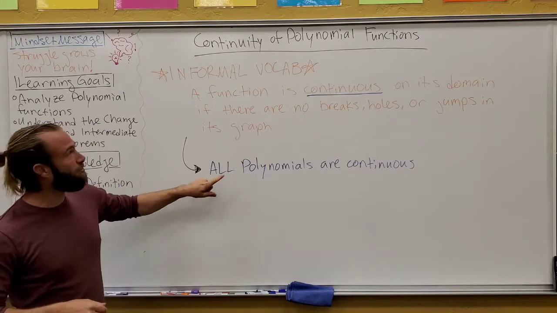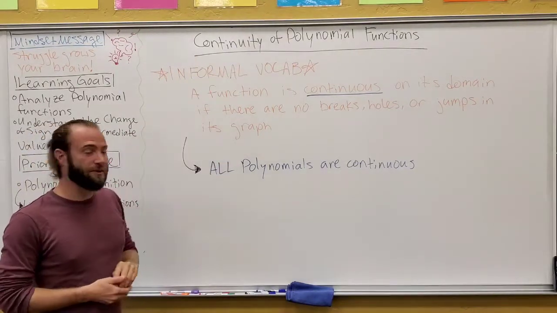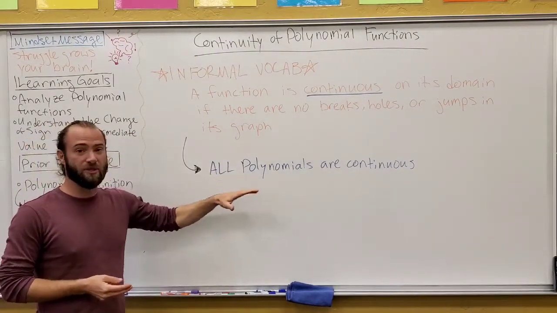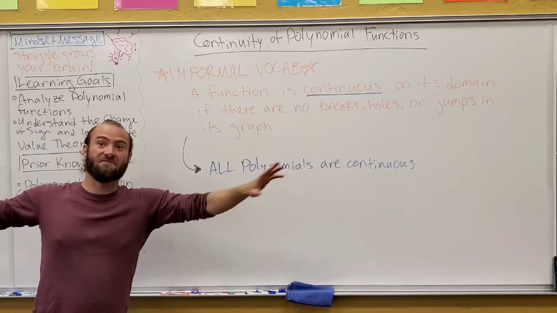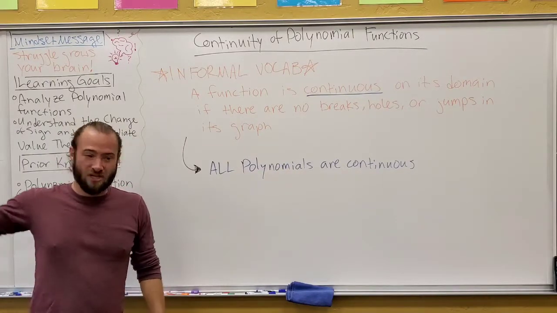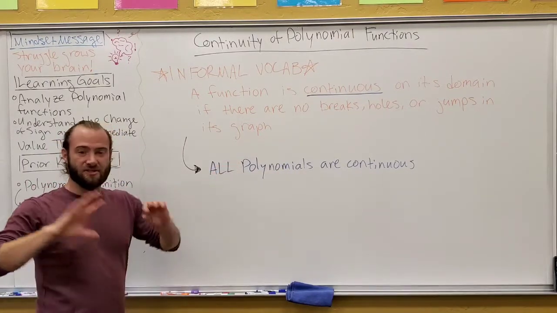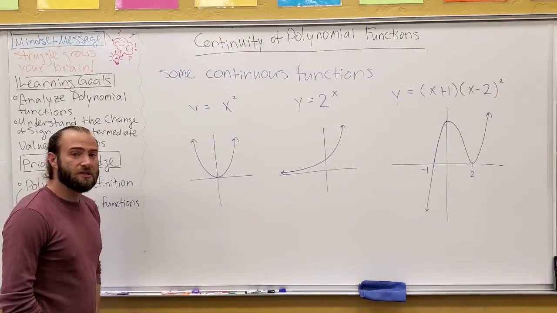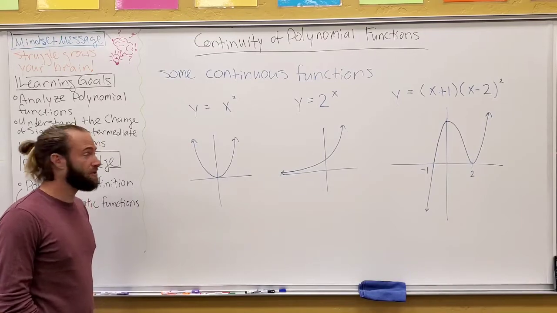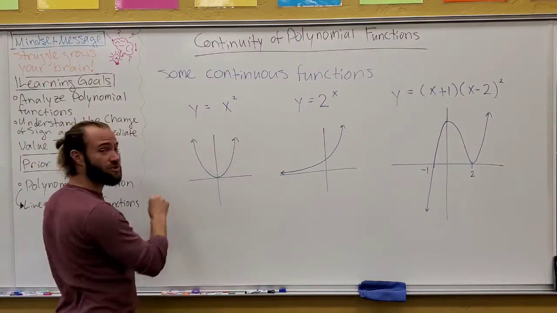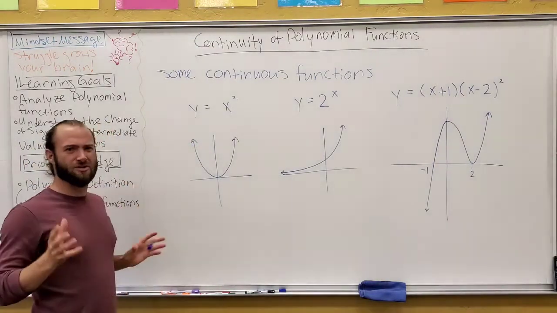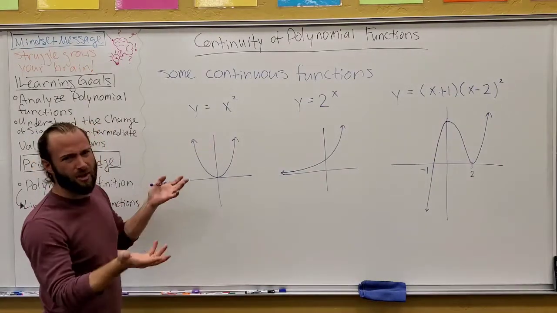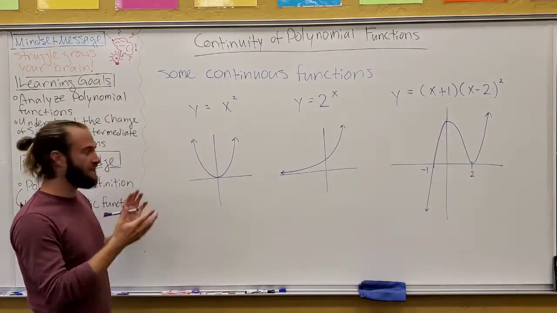And one fact about polynomials, since we're focusing on polynomials today, is that all polynomials are continuous everywhere. So their graphs just continue going on forever, and there's never going to be any breaks, holes, or jumps in them. So here are examples of some continuous functions we've learned about in the past. y equals x squared, or any transformation of that, is a polynomial, and we already stated they're fully continuous.